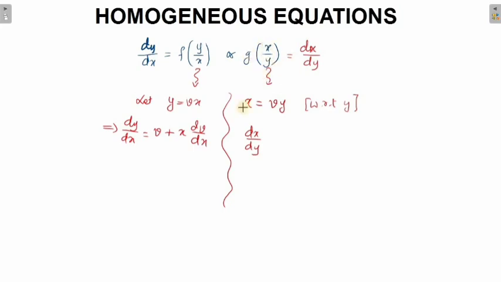That time you will apply this rule. So differentiate both sides with respect to y, and you get this much. So these are the rules that you need to follow while solving homogeneous equations. Haven't understood? Alright, then let's see one problem for better understanding.